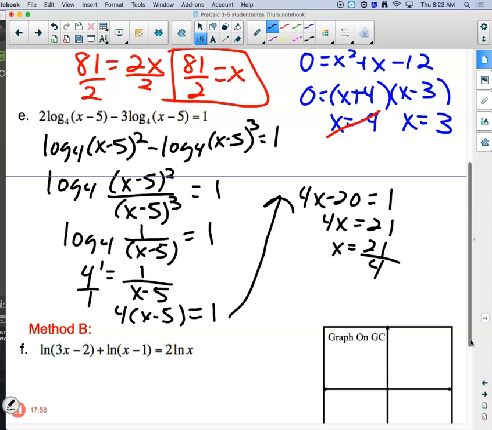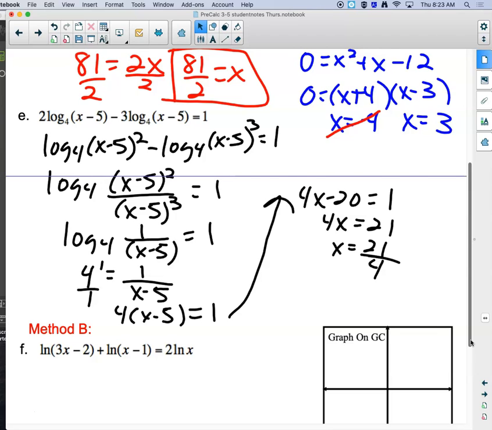Well, I was only supposed to get one solution, so even though powers were developing as I went through this, because they canceled out, it did stay linear with our x to the first, and we have 21/4. Again, quick check it algebraically. 21/4 minus 5. Well, 21/4 minus 20/4 would be 1/4.